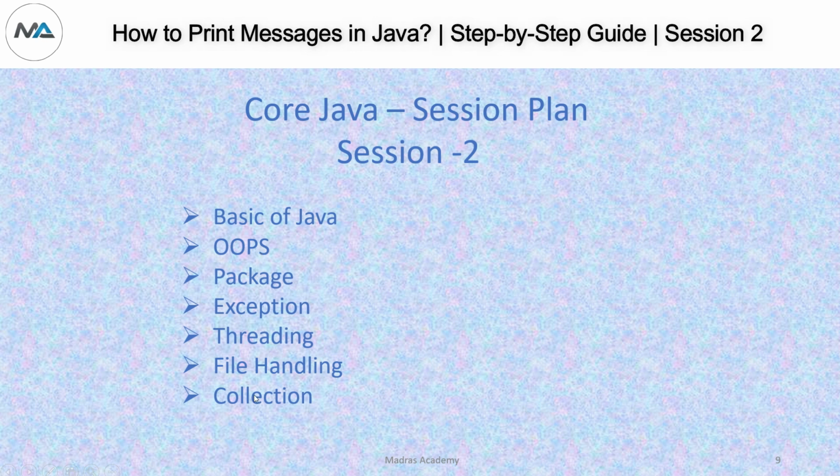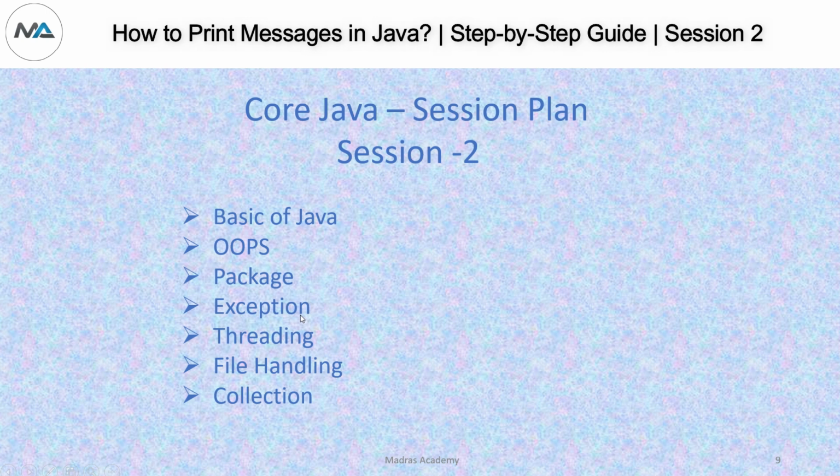And in all this concept we have predefined as well as user defined also. Here we are going to create the user defined package. What is predefined and how to create the user defined package, that concept only we are going to learn in this topic. And after that we have exception.